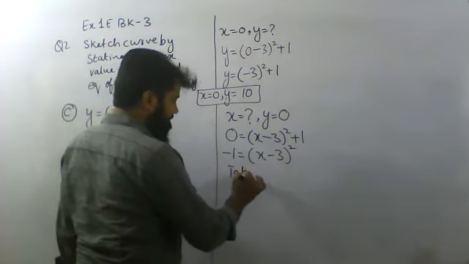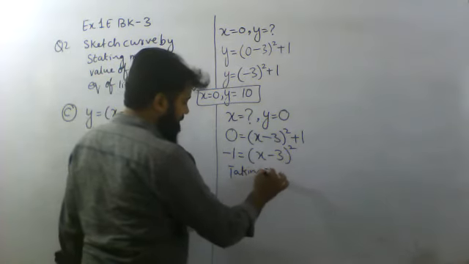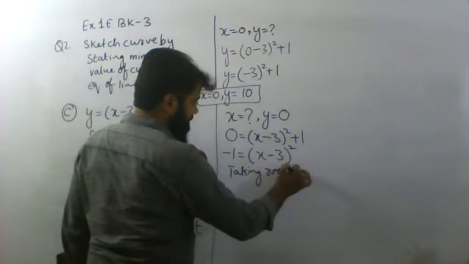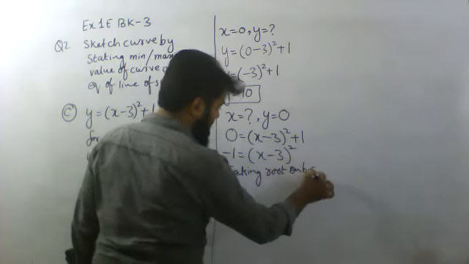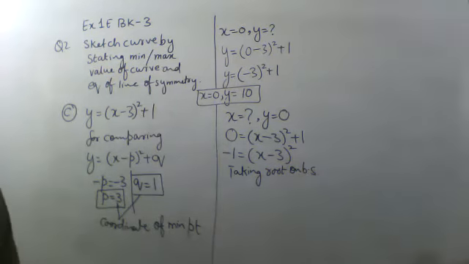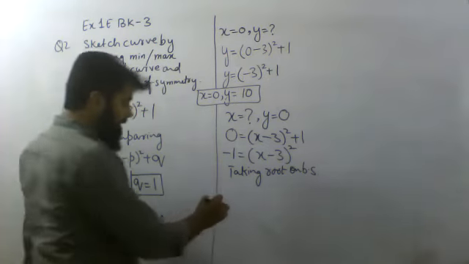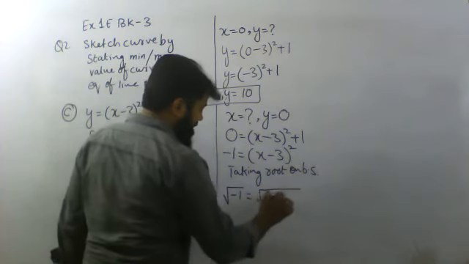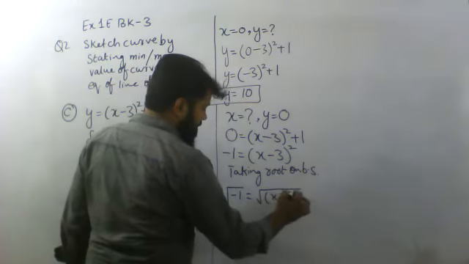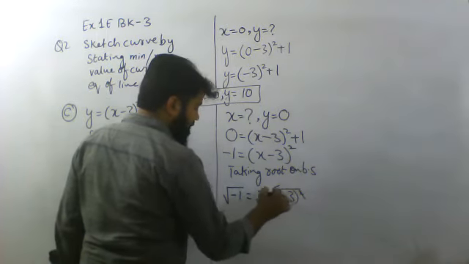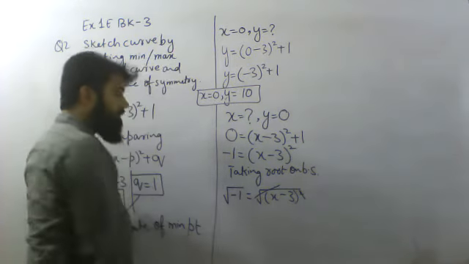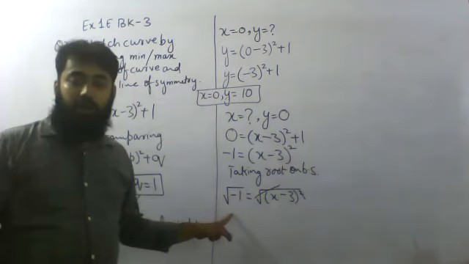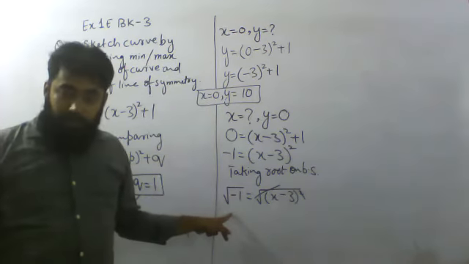Taking root on both sides, the square and root cancel, but root of minus 1 is not possible.